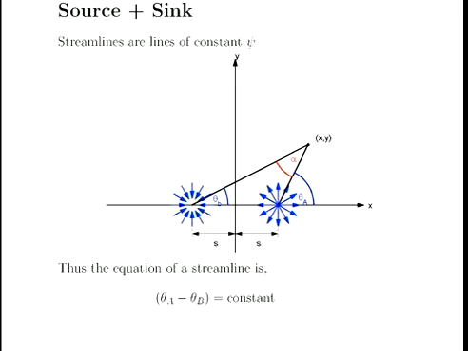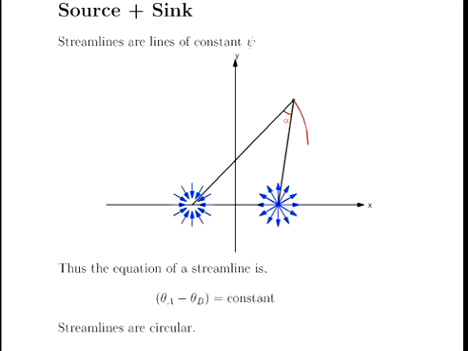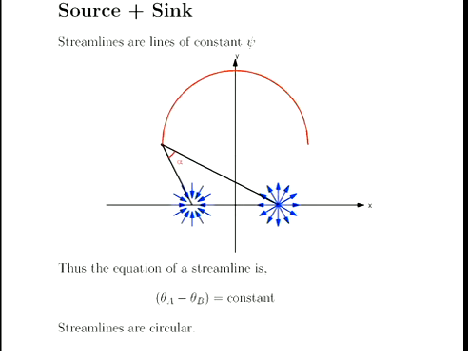So, I mean, you can see that. I can show you graphically, right? If I vary theta A or theta B and try and keep alpha constant, the only way I can do that is if that point xy tracks out this circular profile, or this circular streamline.